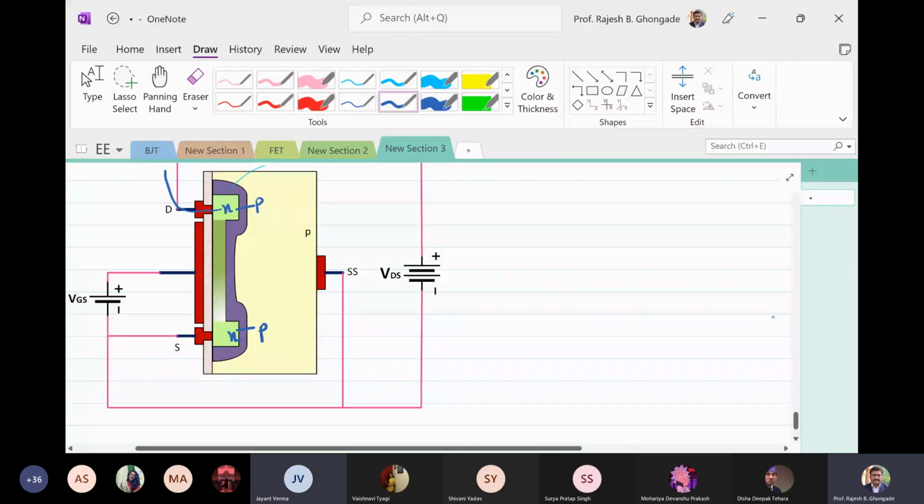So we have two reverse bias PN junctions. Even if this is zero, and the source and the substrate both are at the same potential, it doesn't mean that it is forward bias. It is still reverse bias only, and depletion regions will be formed like this.